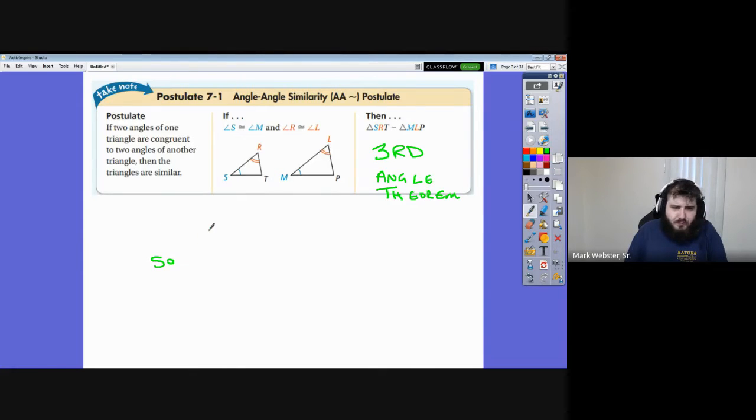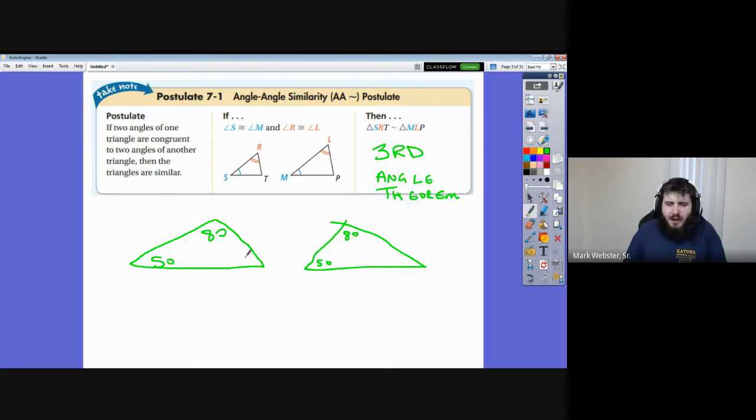If you've got 50 and 80 on two triangles, we ask ourselves, okay, well, these two are the same. What about that third angle? Well, we can just say, okay, well, what do the other ones have to be? Well, the three angles of a triangle add up to 180, which we already know.